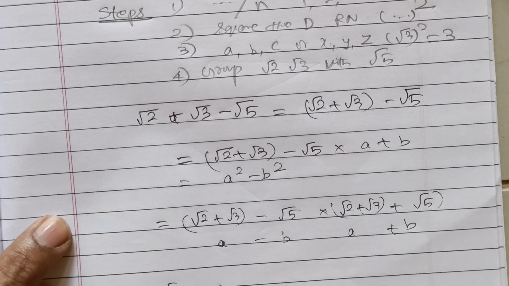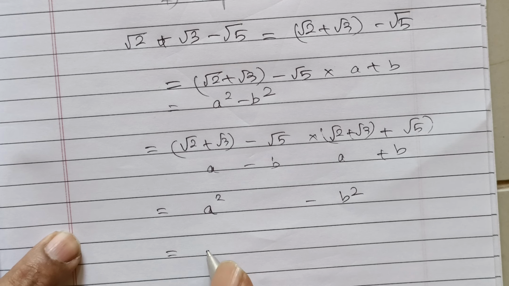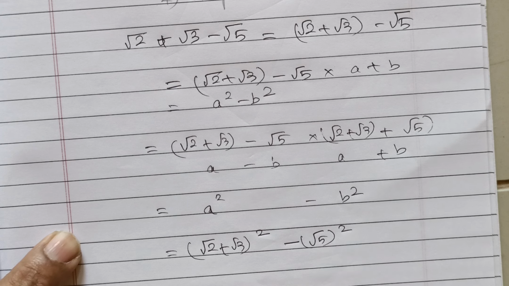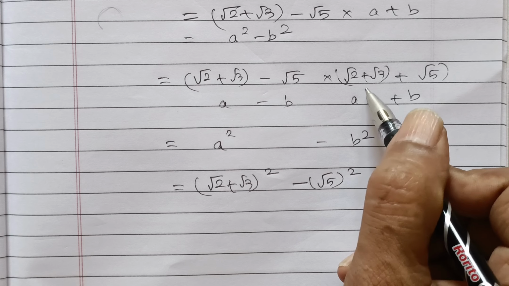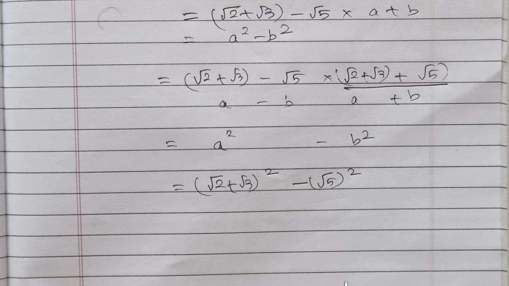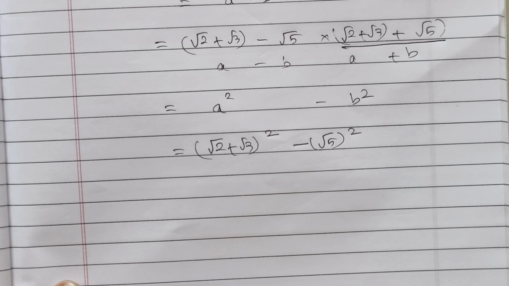So that is equal to a squared minus b squared, which is equal to root 2 plus root 3 whole square minus root 5 whole square. Okay, so we are able to simplify into a squared minus b squared. How did we get? We have to multiply both numerator and denominator by root 2 plus root 3 plus root 5. So let us get to the sum.